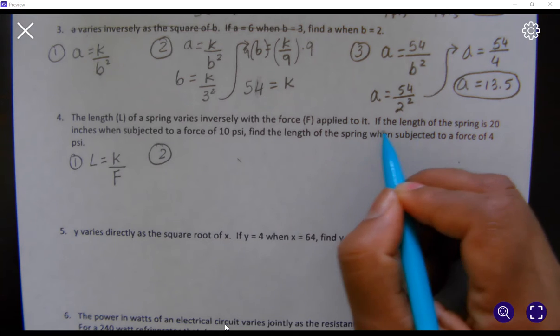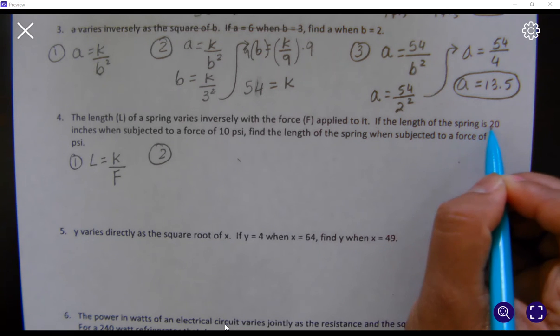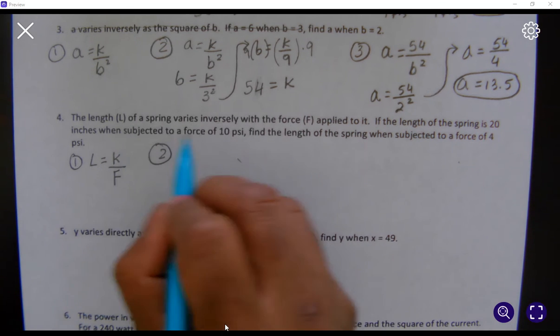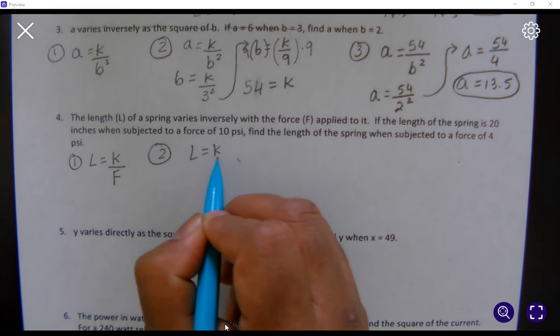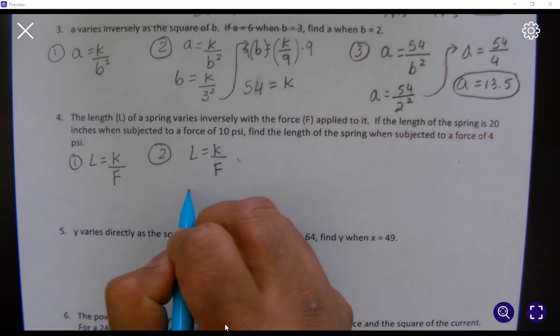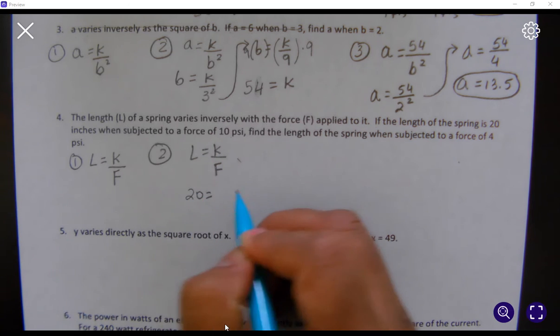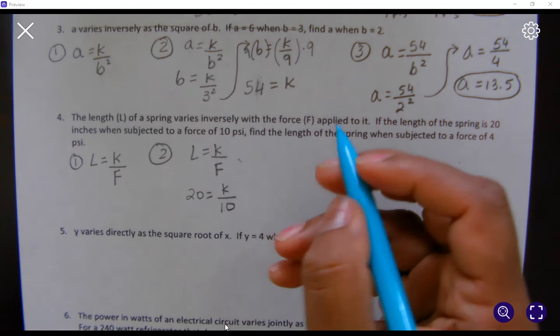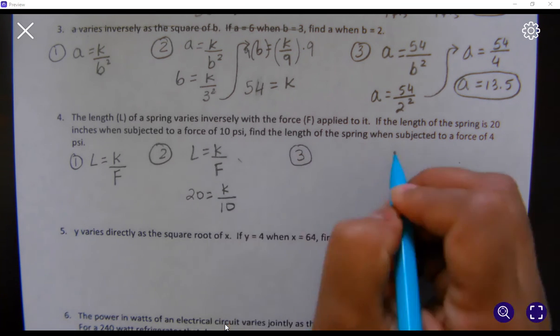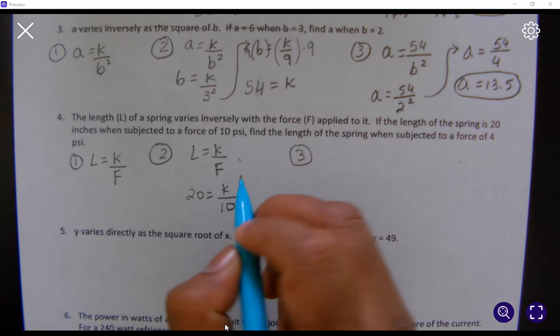Okay, let me find my constant. It says if my length is equal to 20 and my force is equal to 10, so let me substitute those numbers in here. My length is equal to 20 and then my force is equal to 10. Before I can go on, I need to just simply find what K is first.